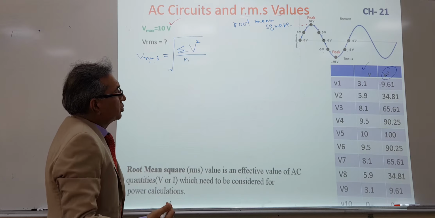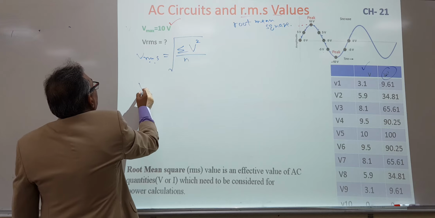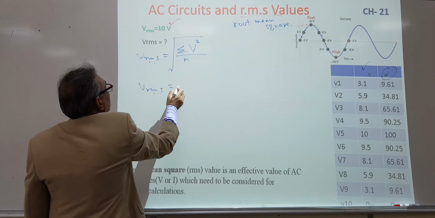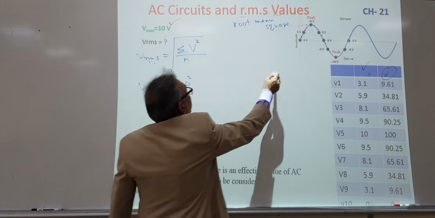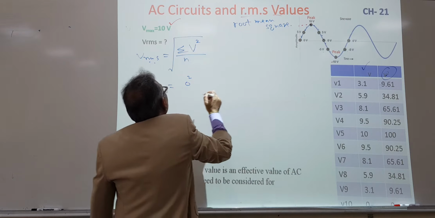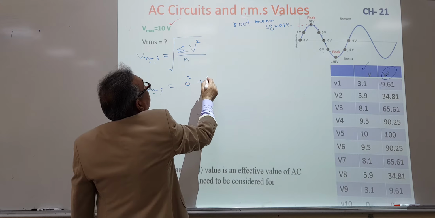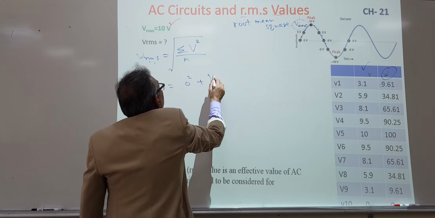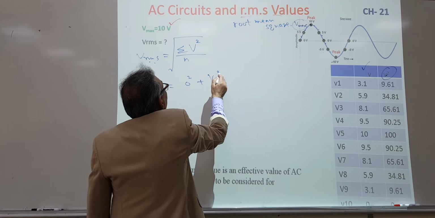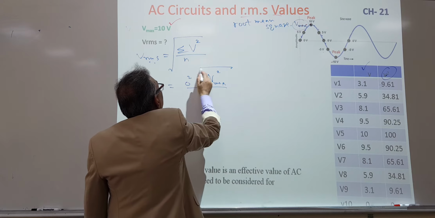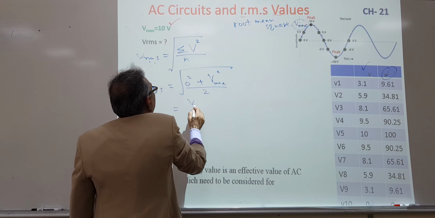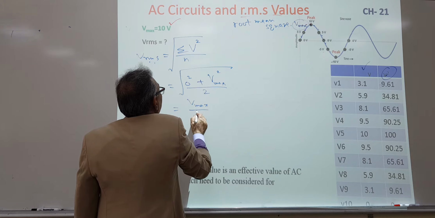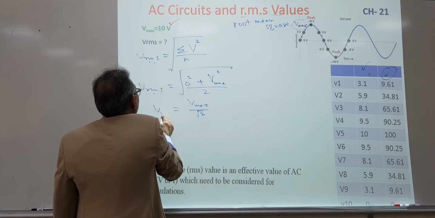Just to cut it short, I can write 0 is the minimum value, for example, and the maximum is Vmax. Maximum voltage squared over 2, take the square root, you will get Vmax over square root of 2.